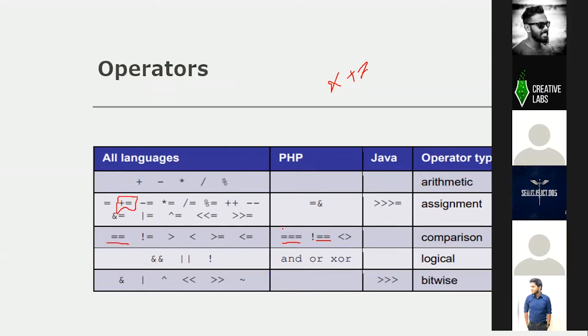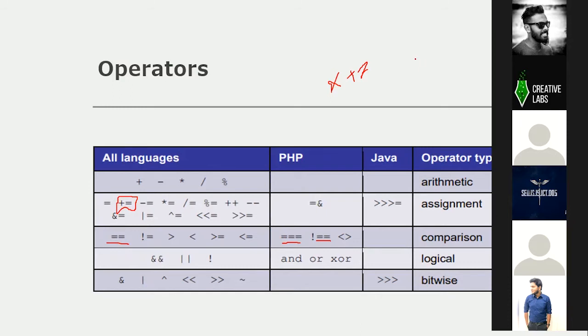Any ideas? We are checking the data types and the values. Yeah. In PHP, we are checking data types and values, right? Yes. So in PHP, and even in JavaScript, this applies the same. So in PHP or JavaScript, if we are providing double equal, it means it checks only the value, right?